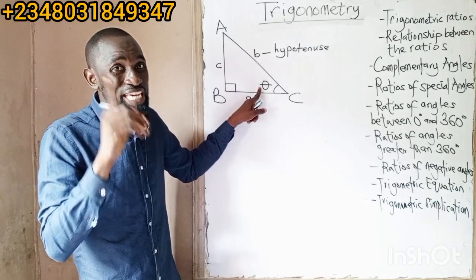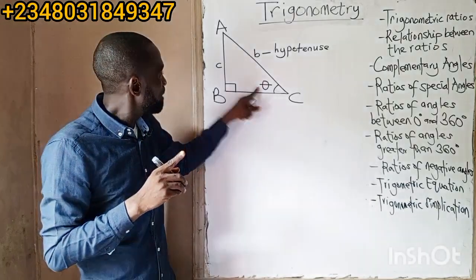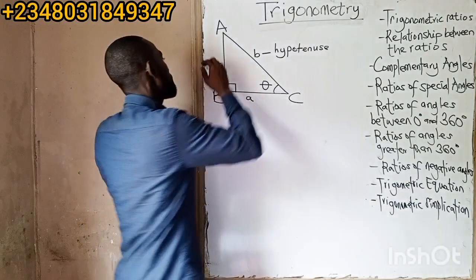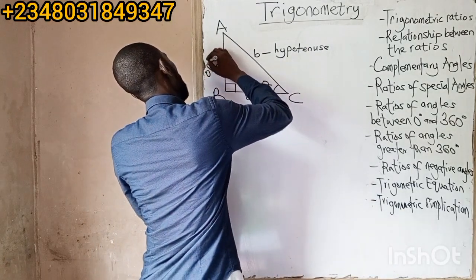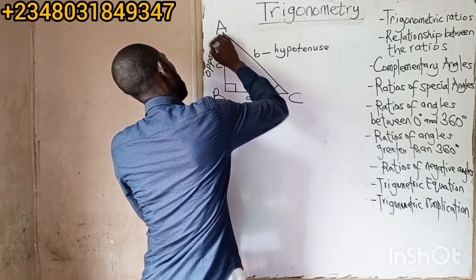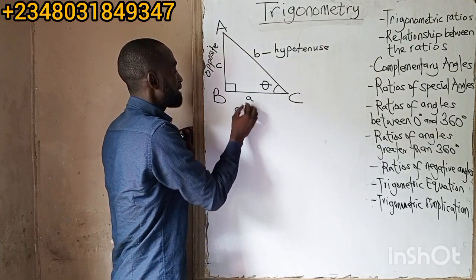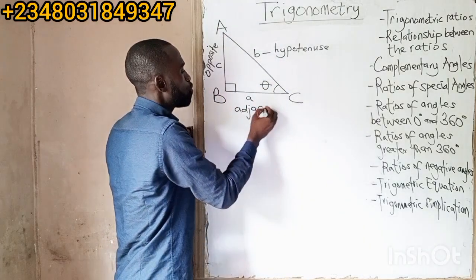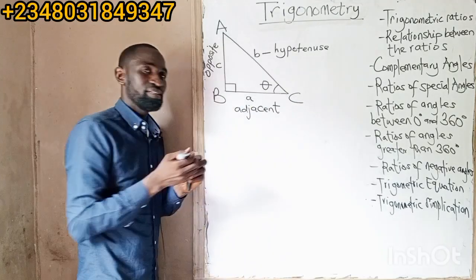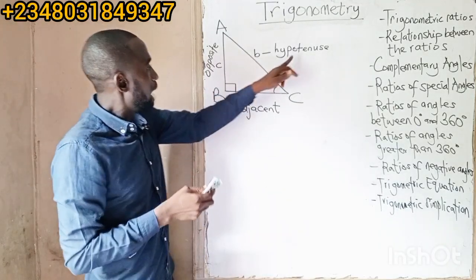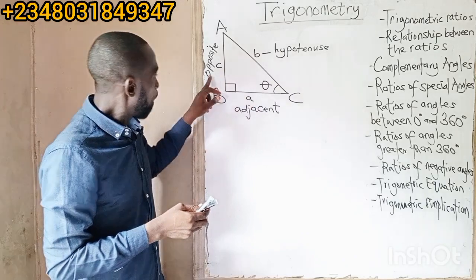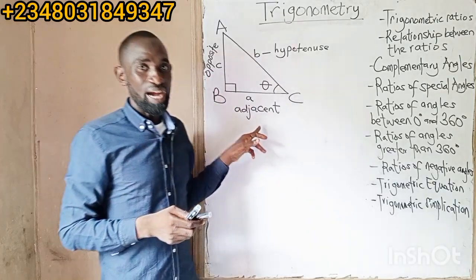It should be an acute angle. So this place here will be the opposite. Then this last one will now be the adjacent. So to a right angle triangle, we have three sides. The sides are hypotenuse, opposite, and adjacent.